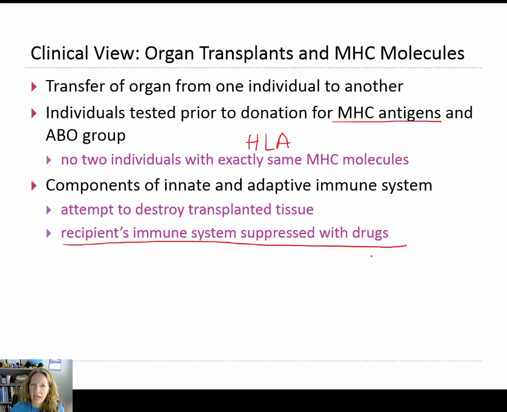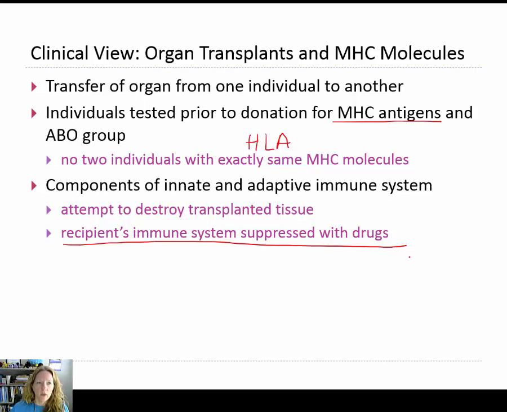Sorry, I haven't looked that up to see exactly when they start the drugs. But they'll be given immunosuppressive drugs to make sure that the immune system is suppressed, so those natural killer cells or those cytotoxic T cells or those immune system components aren't going to go in and attack these antigens that might be a little bit different. And that could be issues if you give an individual immunosuppressive drugs because their entire immune system is suppressed as well.